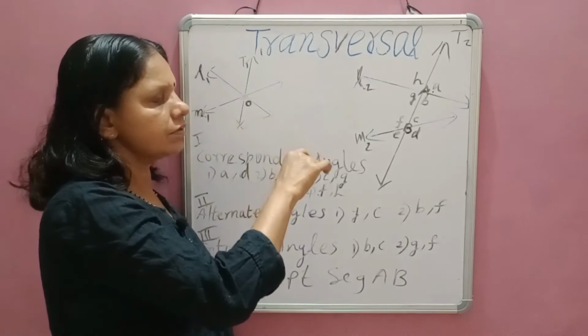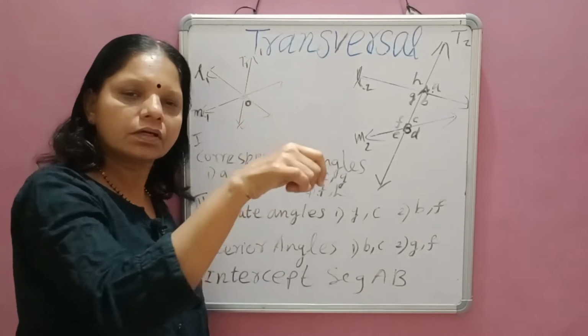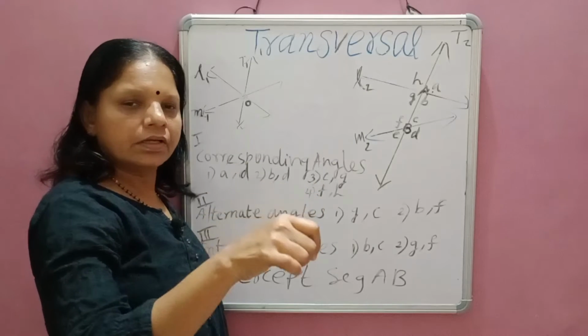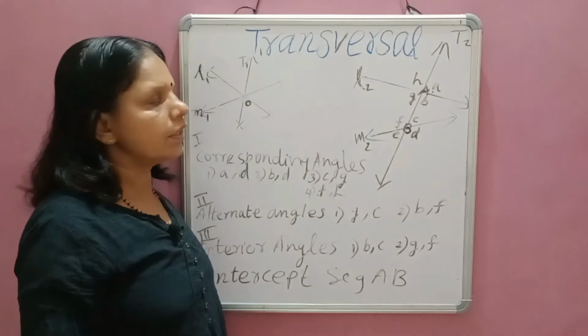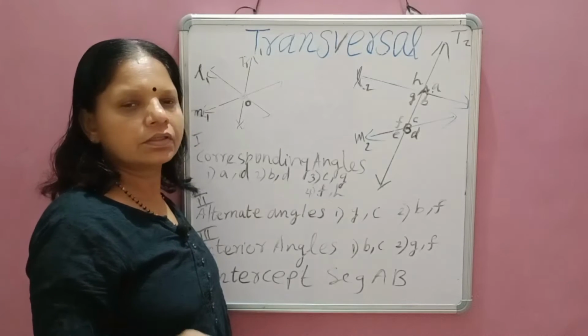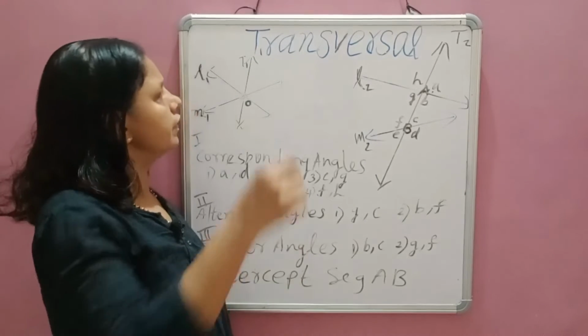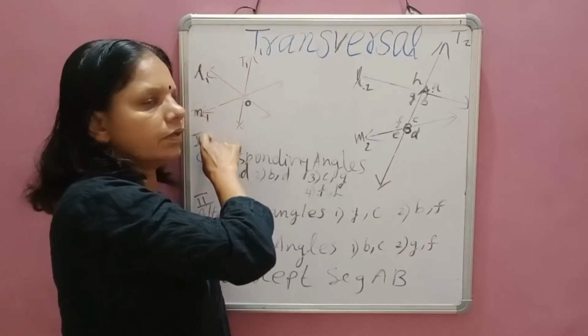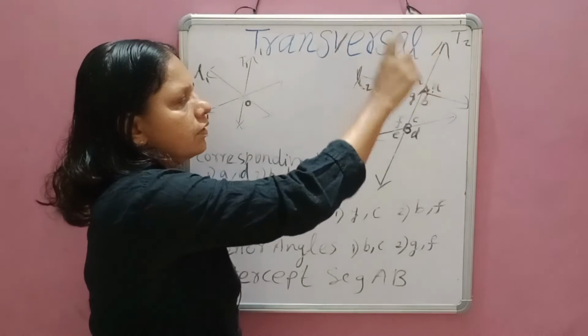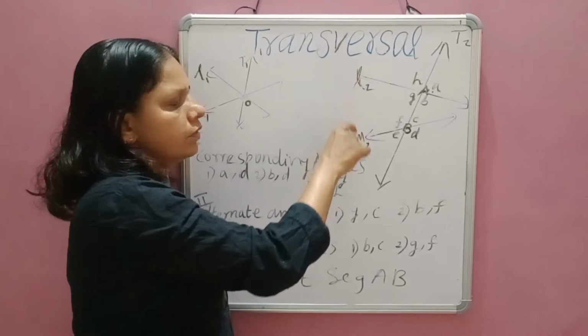If a line intersects two other lines in different or distinct points, then the line is called transversal. That is why T1 is not the transversal of L1 and M1. T2 is the transversal for L2 and M2.